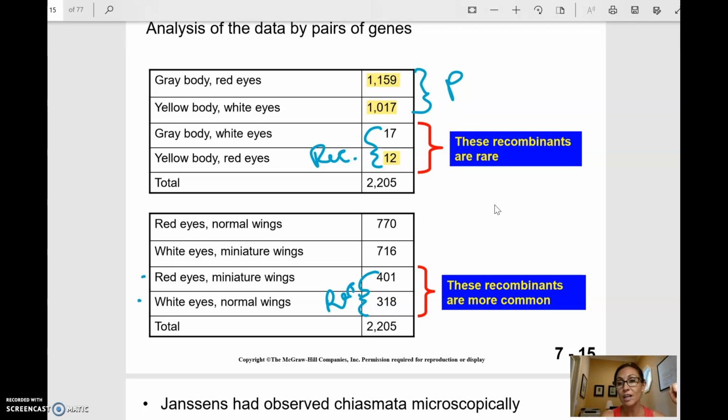But body color and eye color, you can't really mix or separate too well. So the rare recombinants, the most rare recombinants, oops, sorry, wrong thing going on here. I'll just have to cross that out. Here we go. The rare recombinants are the ones where the genes are closest together. In other words, body color and eye color are super duper close together.